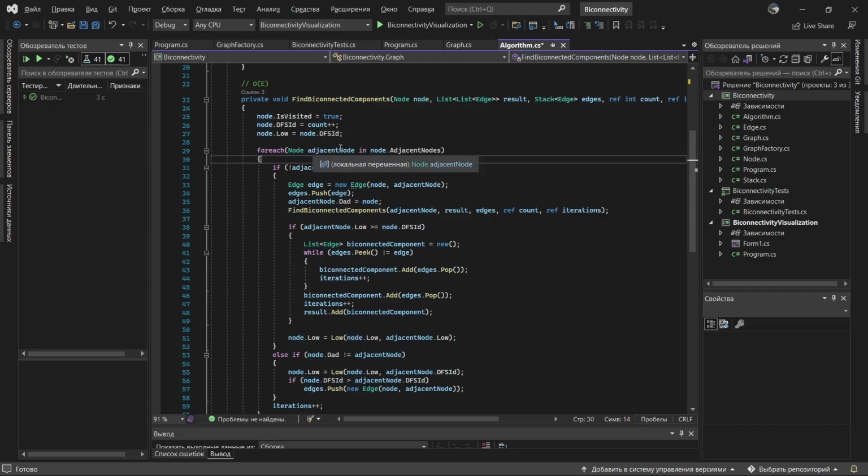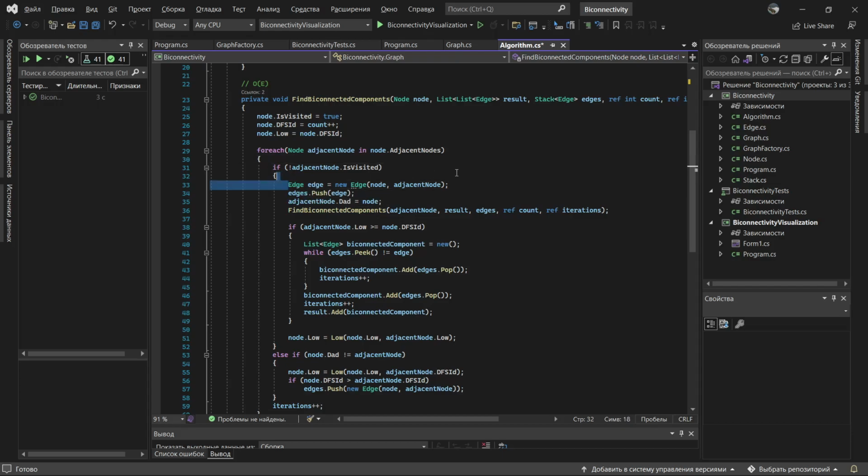Then we find the first unvisited vertex adjacent to the one from which we've just started. And if we've successfully found it, we may continue.